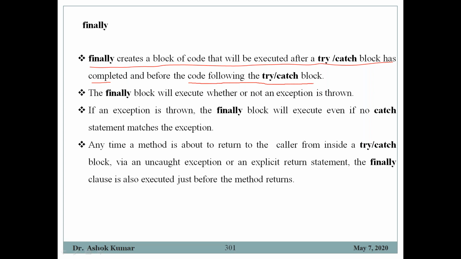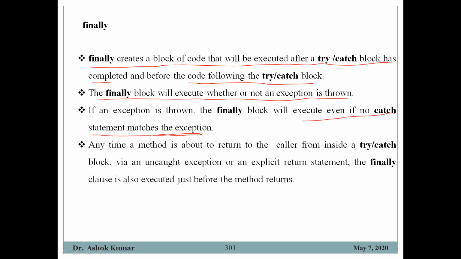The second important point is the finally block will execute whether or not an exception is thrown. Third, if an exception is thrown, the finally block will execute even if no catch statement matches the exception. So if there is no matching catch statement, in that case also the finally block will be executed.